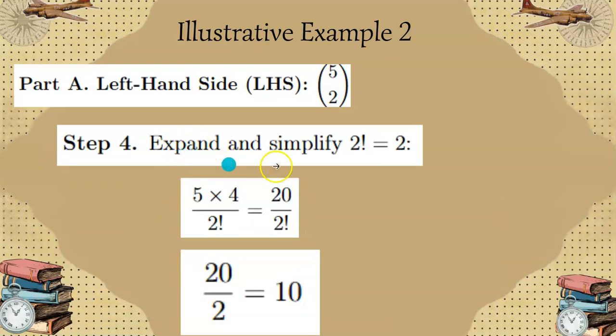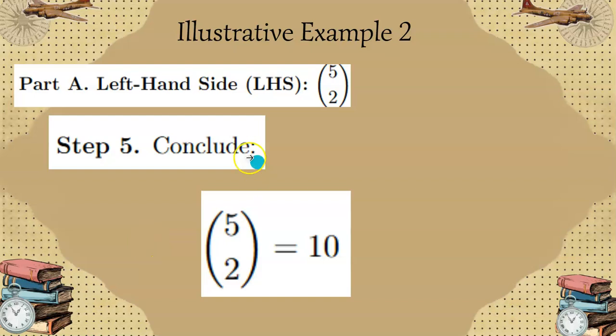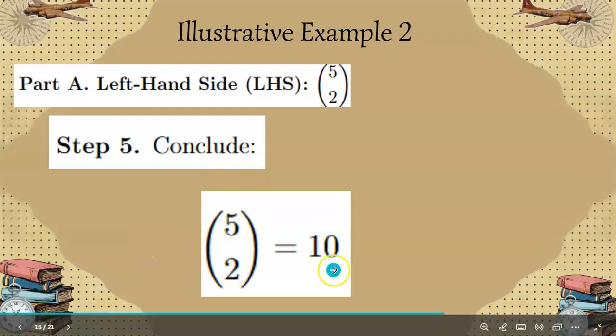Again, expand and simplify: 2 factorial is equal to 2. So we have 5 times 4 divided by 2 factorial. So that is just 20 divided by 2 and that's equal to 10. Now let's conclude for the value of 5 choose 2. That's equal to 10. That is for our left-hand side.